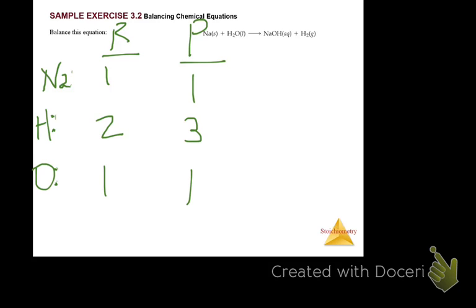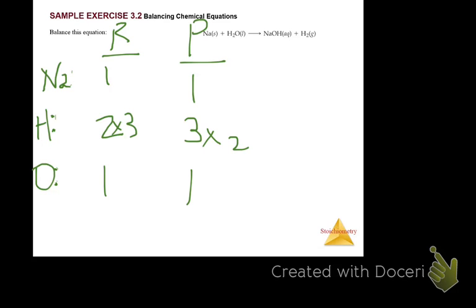So really, it's the hydrogens that are out of whack. Right? So we have to think of a least common multiple of hydrogens. What is the least common multiple of 2 and 3? 6. So that means we have to multiply this by 3 to get 6, and this one by 2.